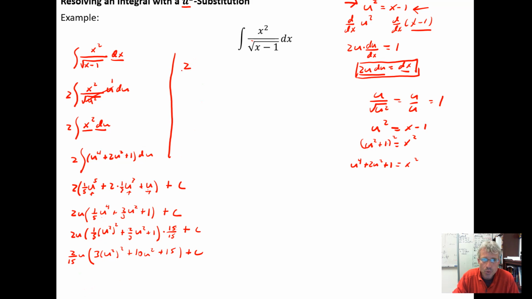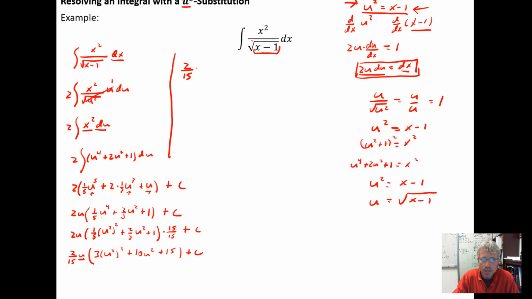So I have 2/15 times u, but up here we saw that u squared was equal to x minus 1, so we know that u is equal to the square root of x minus 1, and from here I know x minus 1 has to be non-negative, so I don't need to put the plus or minus.